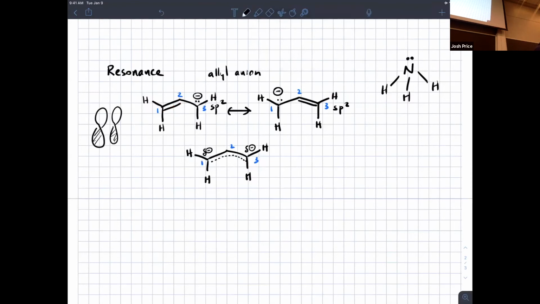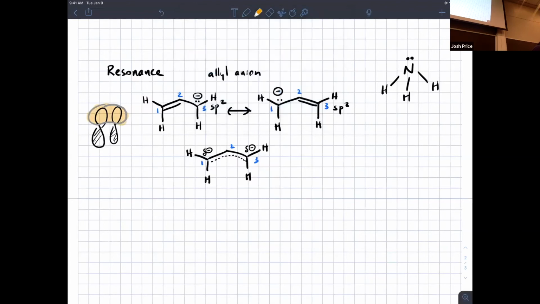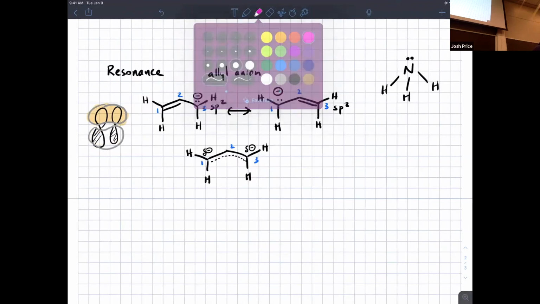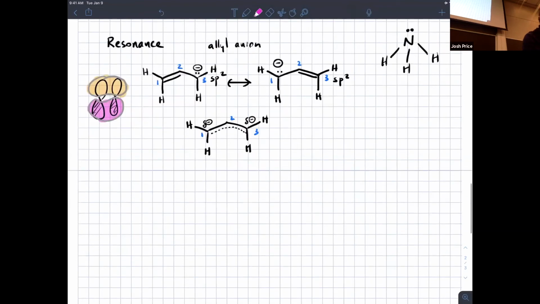And actually what this would look like is a lobe above the plane where the pi bond lies, and then a lobe below the plane spanning both atoms, okay? I think pi bonds are dealt with a little bit in the introductory study guide and maybe again in the MO theory study guide. Does that look familiar to you?